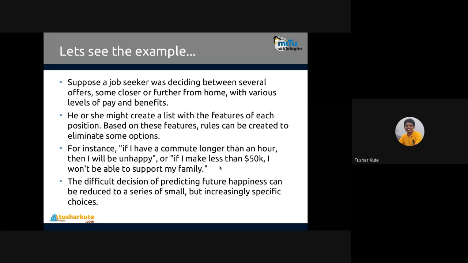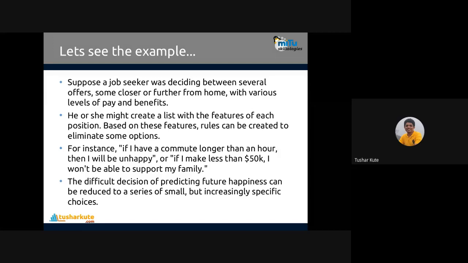Now let's see an example. Suppose a job seeker was deciding between several offers, some close or some further from home, with various levels of pay and benefits. Yes, multiple offers are there. So he or she might create a list with the features of each position. Based on these features, rules can be created to eliminate some options.